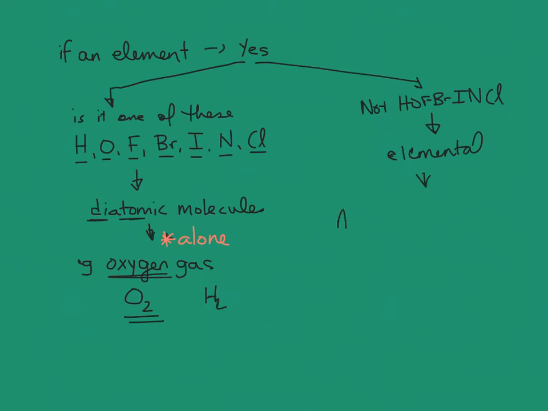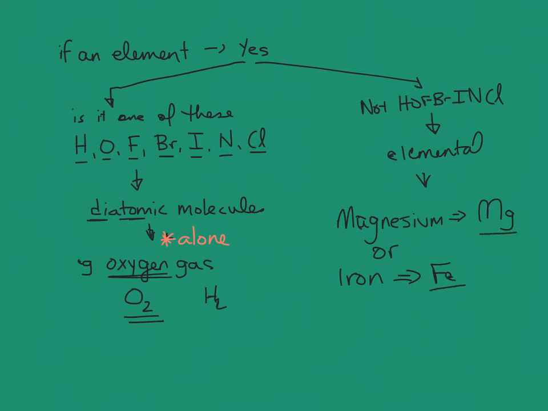So magnesium, when you write it out as a chemical formula, that would just be Mg. Or iron. Well, we write iron as Fe, because you can find Fe on the periodic table.